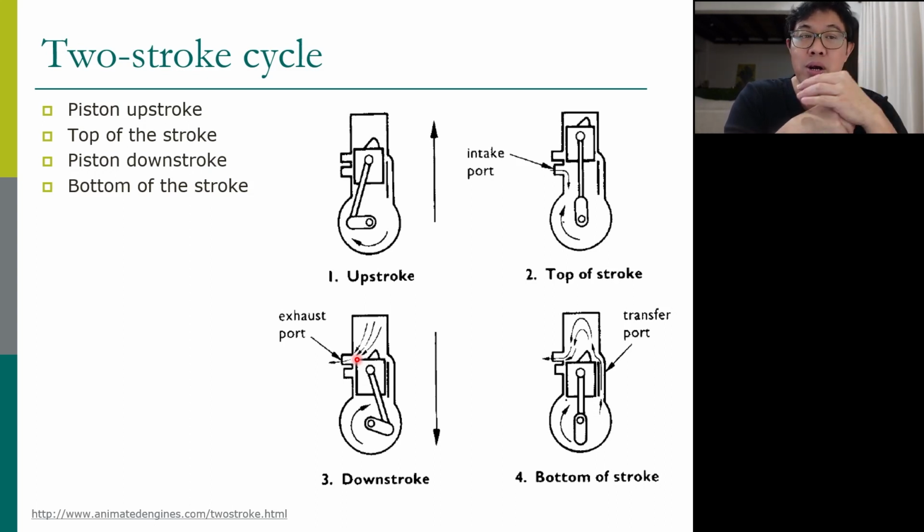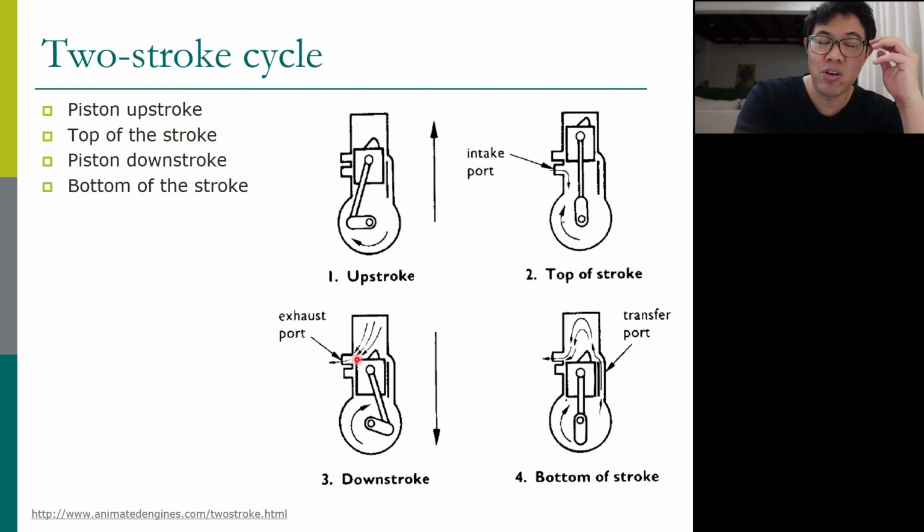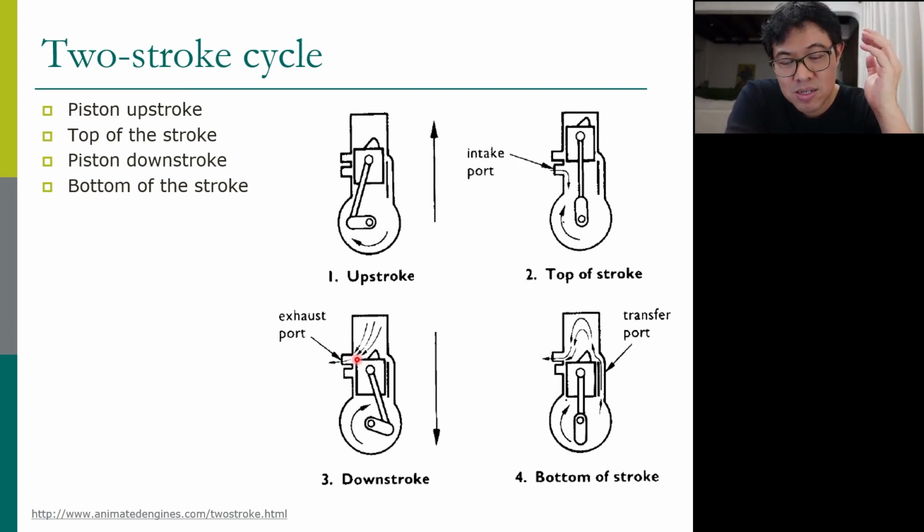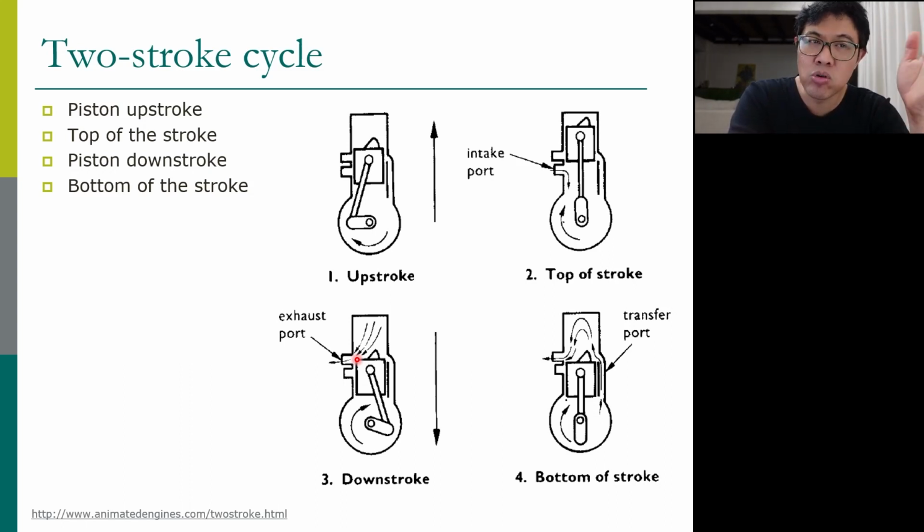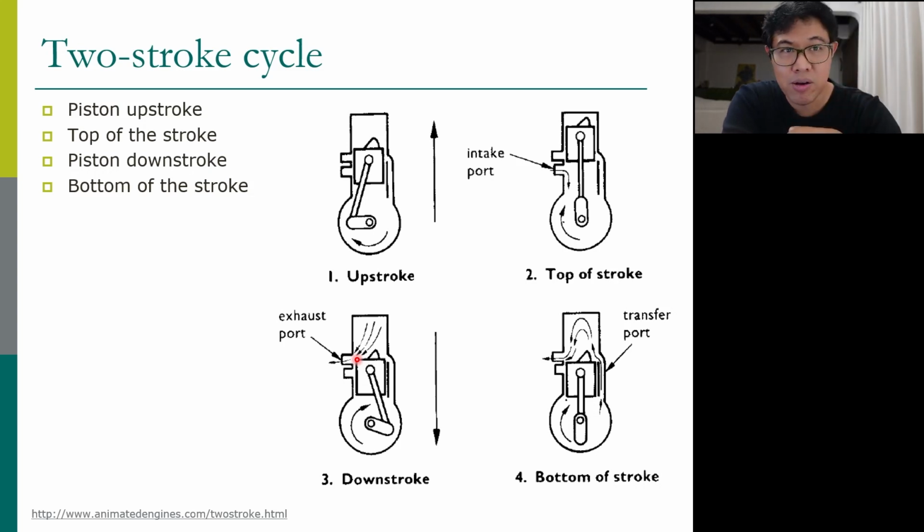Some fuel does not burn, so you lose that fuel. So it has bad fuel economy. It also has bad emissions and creates a lot of pollution. That's why it's not very popular now. So that's the two-stroke cycle, two-stroke engines.